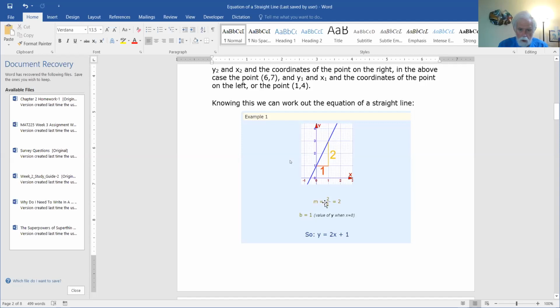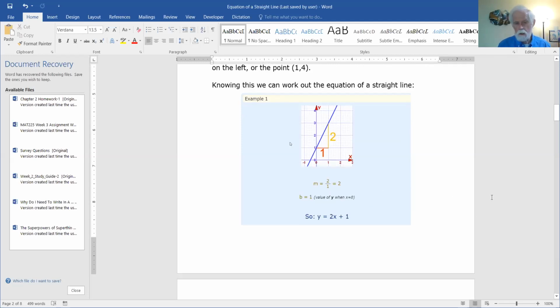So we're taking Y2, which is 3, minus Y1, which is 1. So we have 2, and X2 is 1 and X1 is 0. So 2 over 1. The slope is 2. The line crosses the y-axis at 1. So B is 1. Does that make sense to everyone? We can simply read it off the graph.